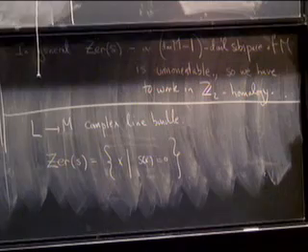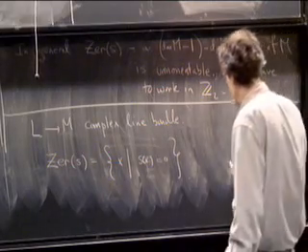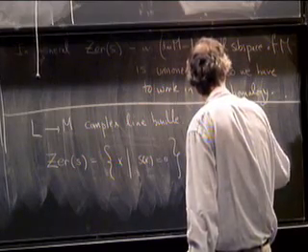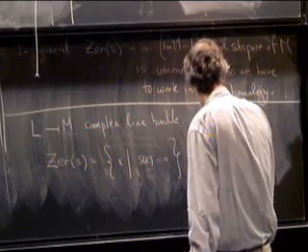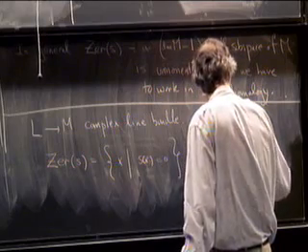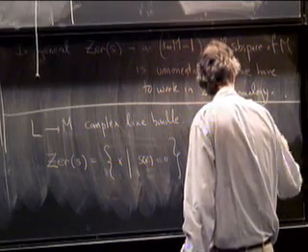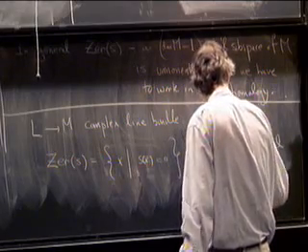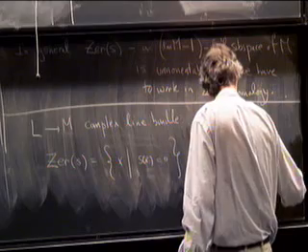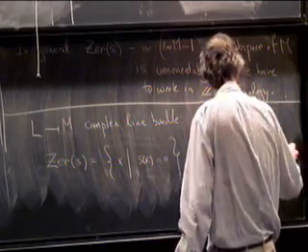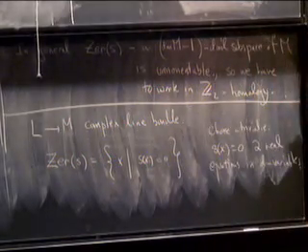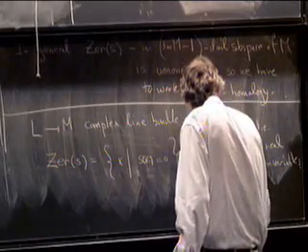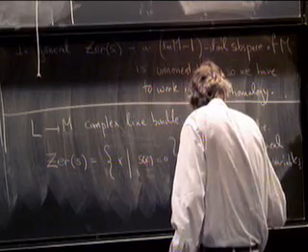But if you choose a trivialization, then S of X equals 0 is two real equations in D variables. And using the fact that the complex vector bundle is orientable, you can show that the zero set of S is orientable.